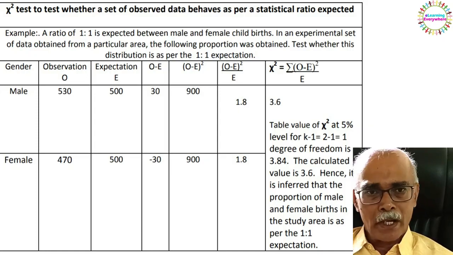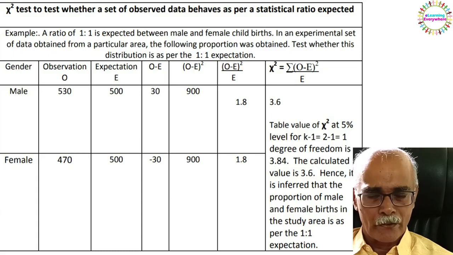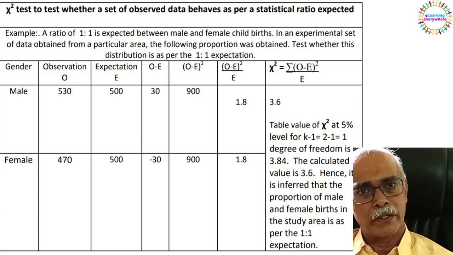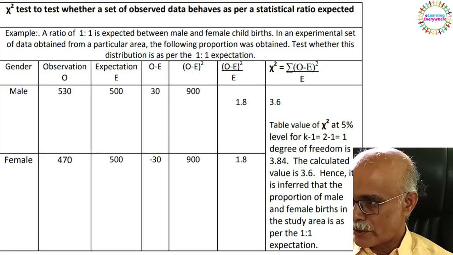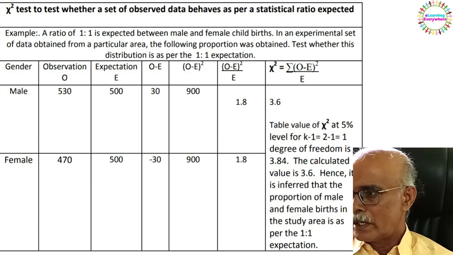So the expected values are 1,000 into 1/2, which is 500 in the first case and 500 in the second case. So you have written down the value of E in both cases.